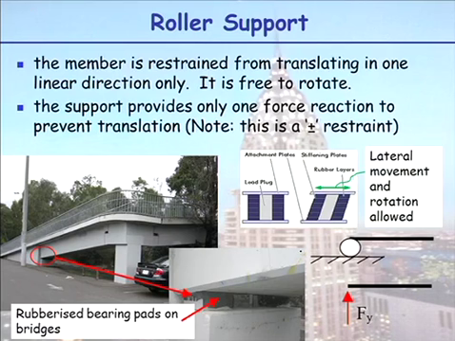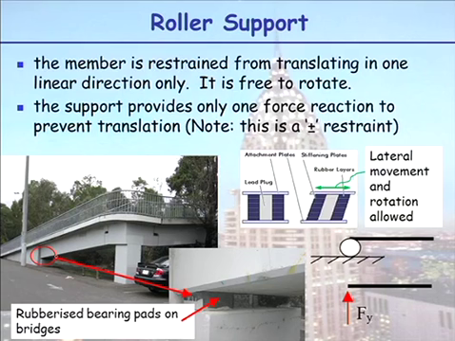The final support type is a roller support, and this one doesn't occur that often. An example of a roller support is an elastomeric bridge bearing. So if anyone rides along the Gardeners Creek Trail, and you go under the southeastern freeway there next to St. Kevin's and whatever else is there, you'll see, it's great, you can see all the bearing pads there.